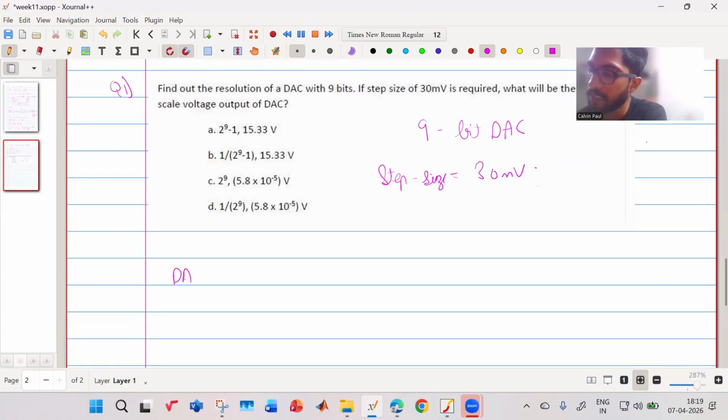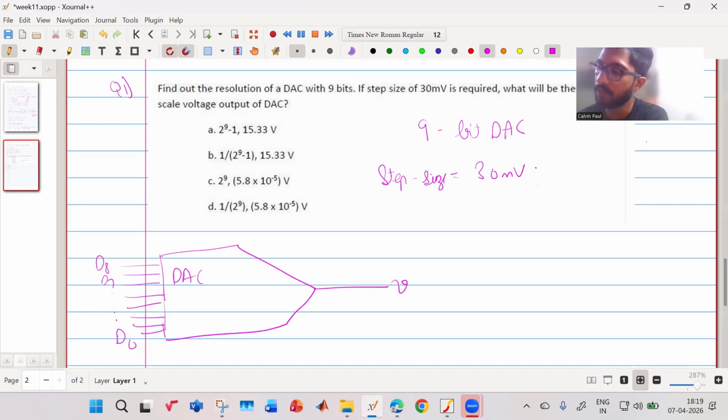DAC, as I mentioned, this is a 9-bit DAC. So it has D8, D7 going on to D0. Okay. And it will generate some voltage, V analog, right?